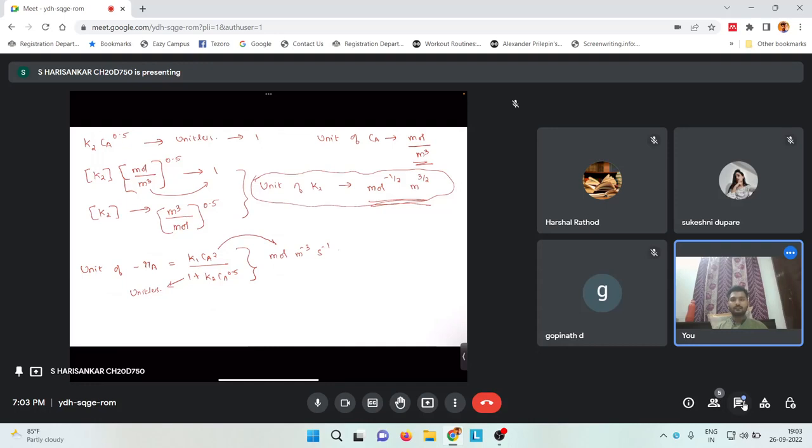Okay, so that is the final thing that we need to remember, and using this concept we can find the unit of K1. So K1 Ca square is equal to mole per meter cube second inverse. Okay, again unit of Ca is mole per meter cube. Then unit of Ca square will be mole per meter cube the whole square. Right. So let us proceed with this.